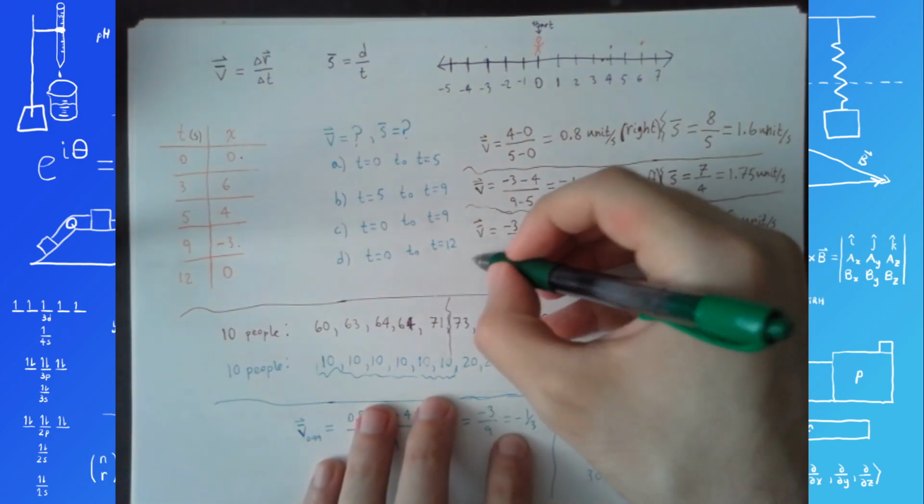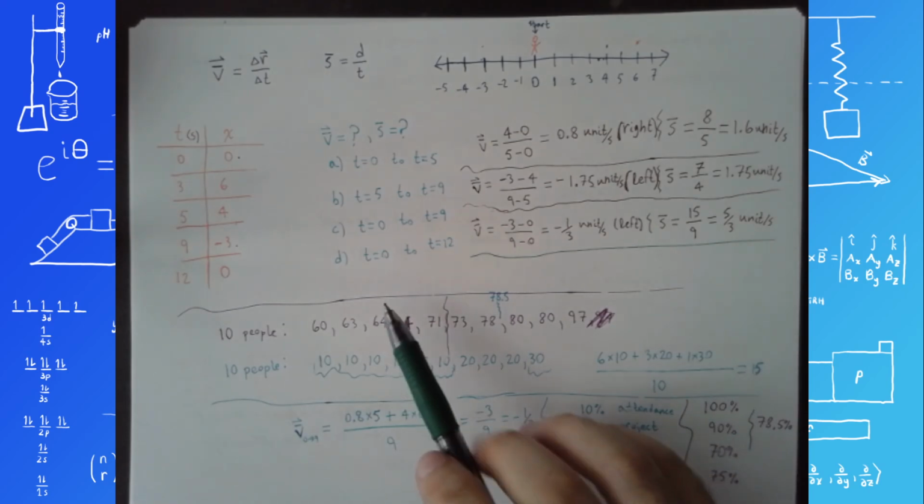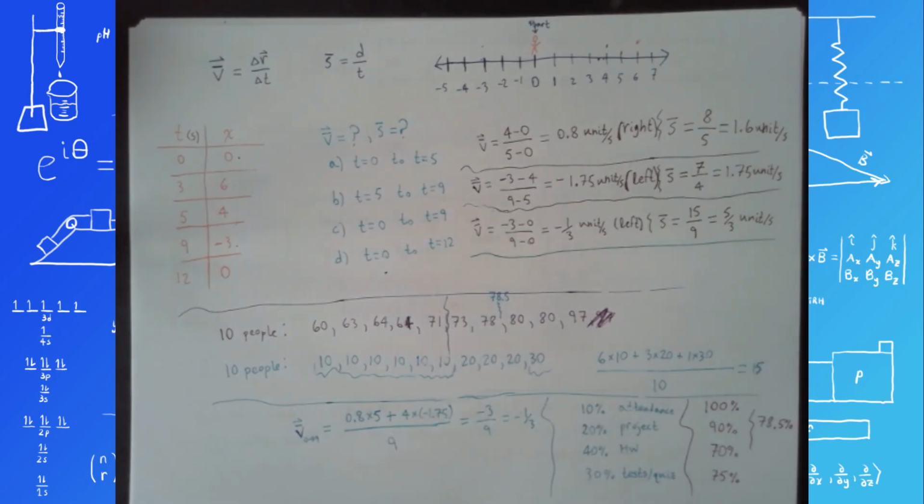Anyway, let's finish up the problem that I started us off with so that we can actually get a move on with this and get to the topic of acceleration. I definitely want to at least introduce acceleration before I wrap up today's stream. So from time 0 to time 12, what is the average velocity?